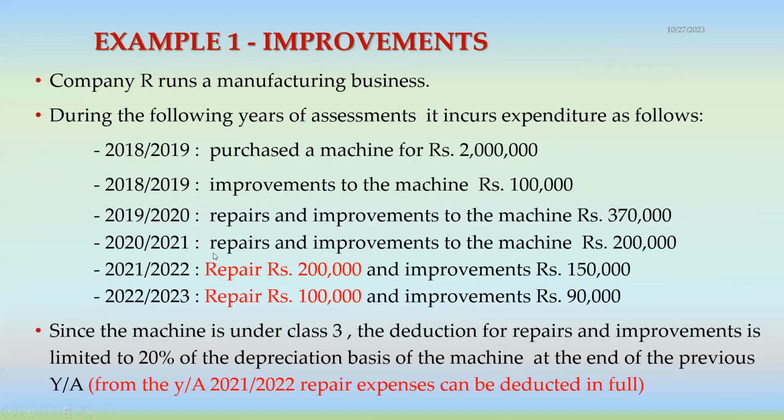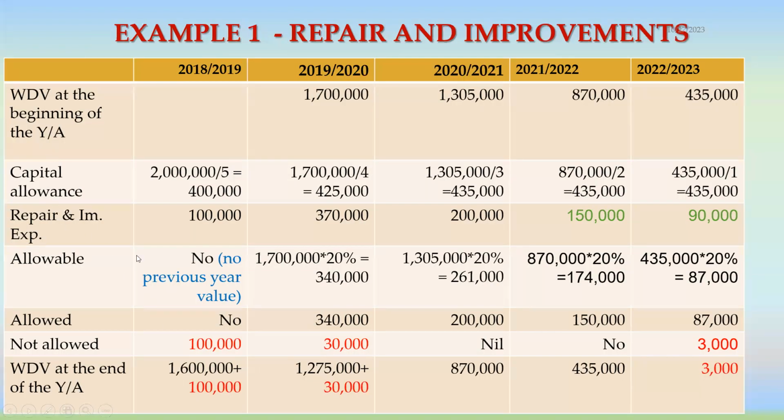In this case, in the year of assessment 1920, they incurred repair and improvements of 370,000. It is here. So now we have the depreciation amount. We can deduct it over 4 years.